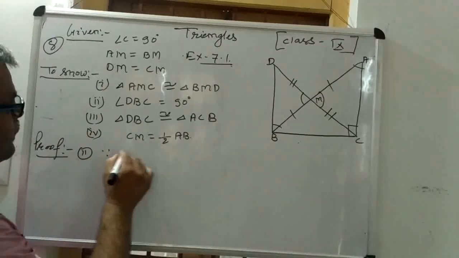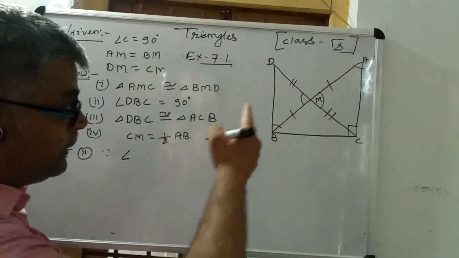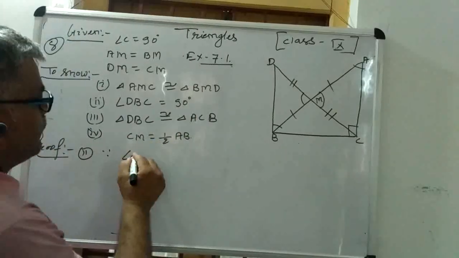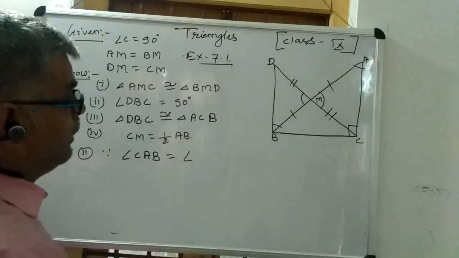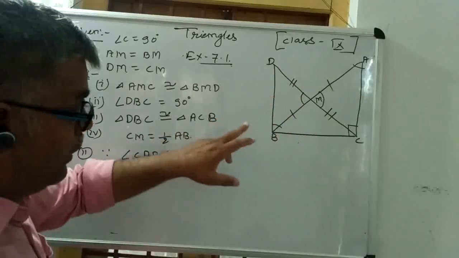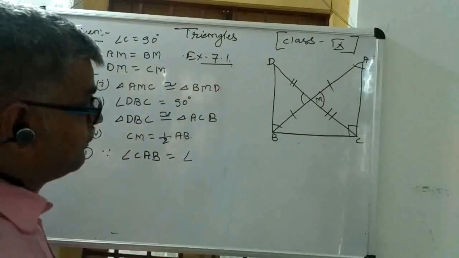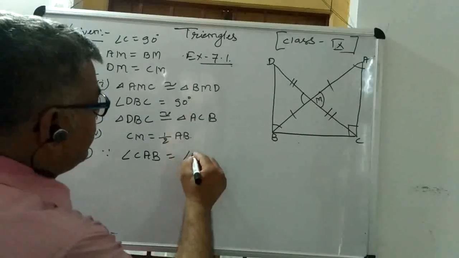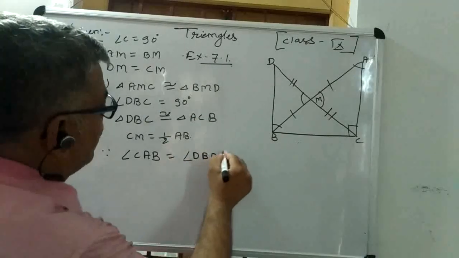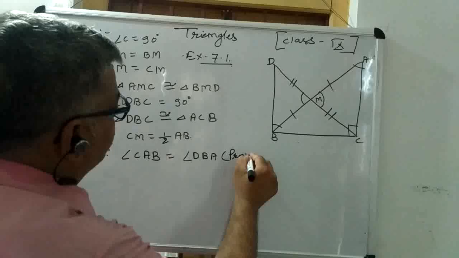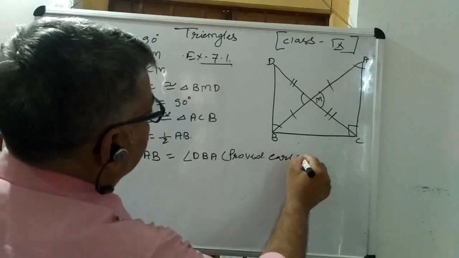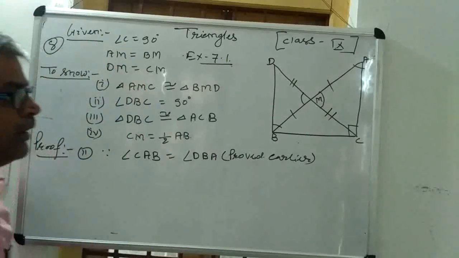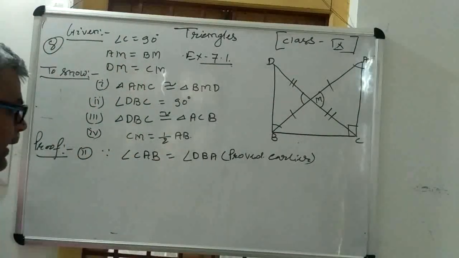Since angle CAB is equal to angle DBA, which we proved earlier in the first part, these two are alternate angles.